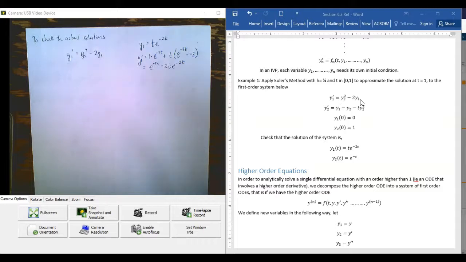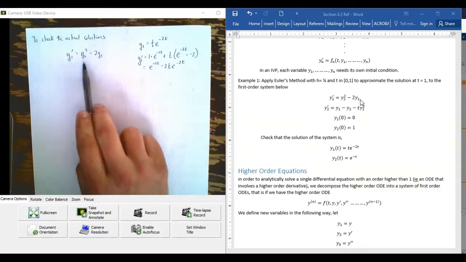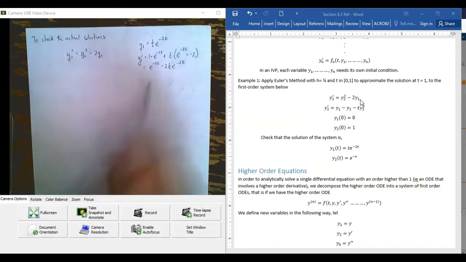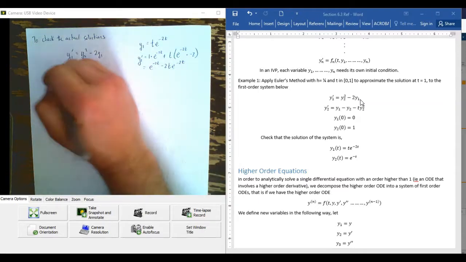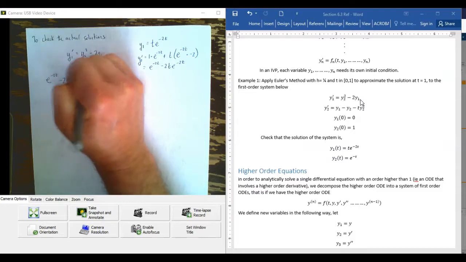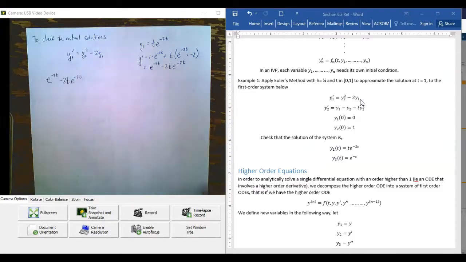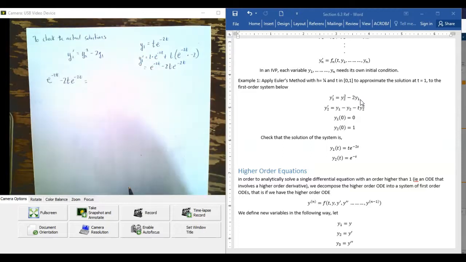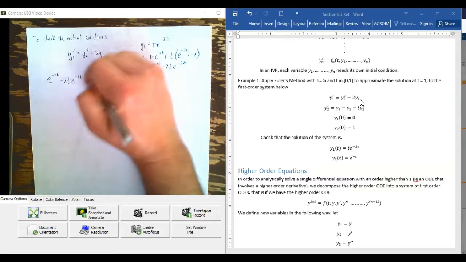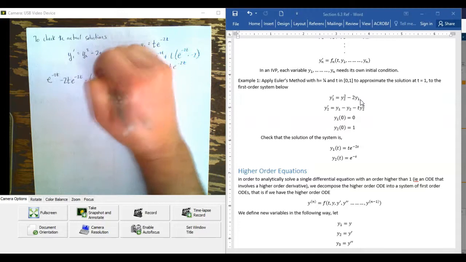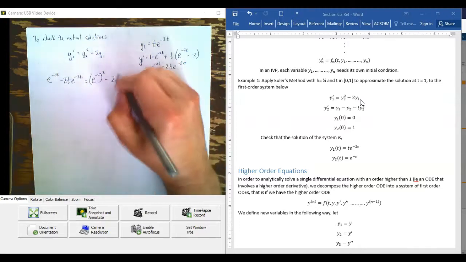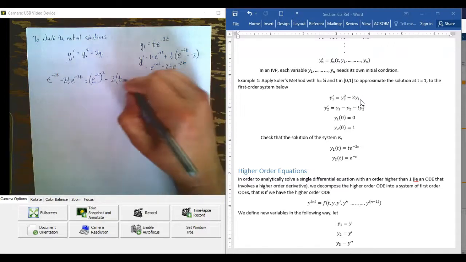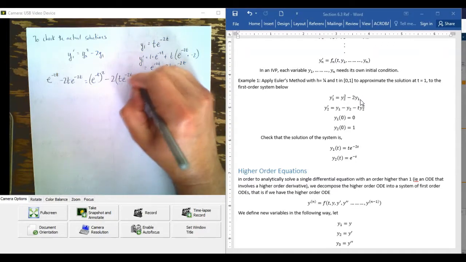All right. So let's check to see if this equation holds. So y prime 1 is this, equal to our y2 squared, which is e to the negative t squared, minus 2 times this guy here, t e to the negative 2t.